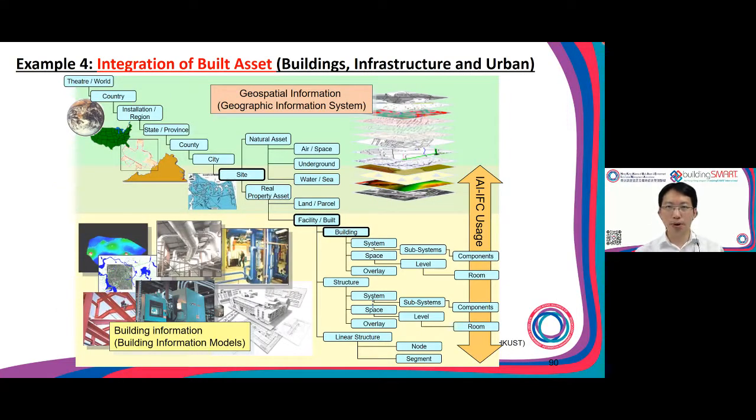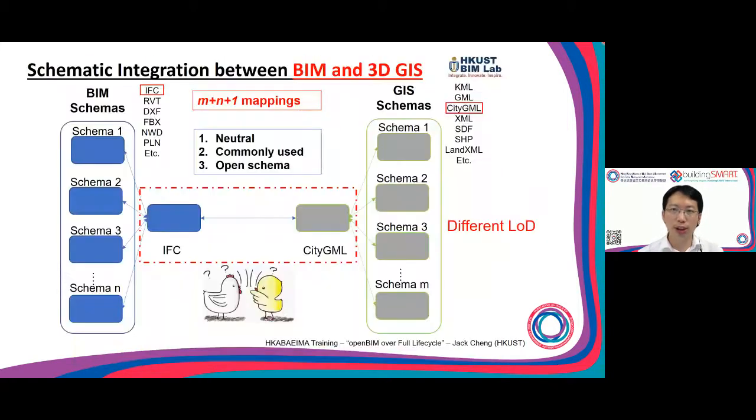The last example, about future work, is that soon you will see the integration not only for buildings, but also infrastructure and the urban environment. So you can see buildingSMART is also looking at the integration of BIM and GIS, because particularly for FM or for the airport example that I've gone through, you can see that they require both BIM and GIS.